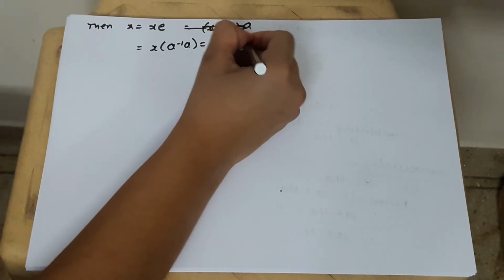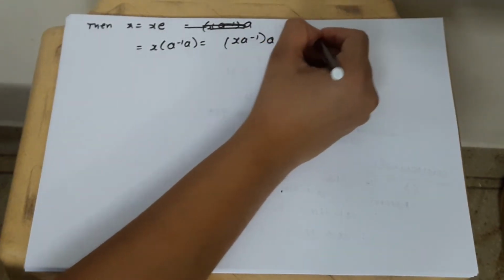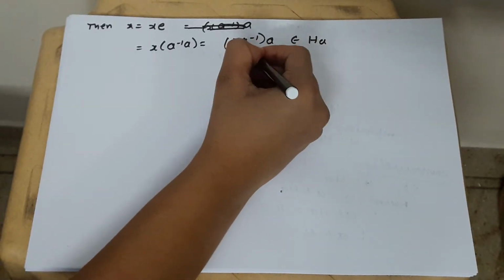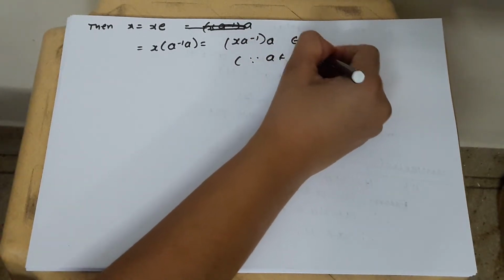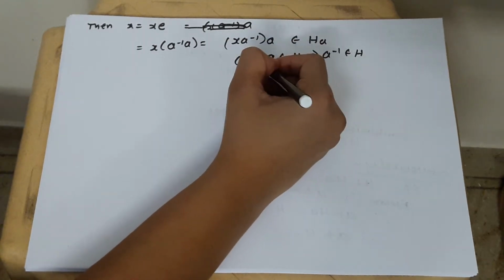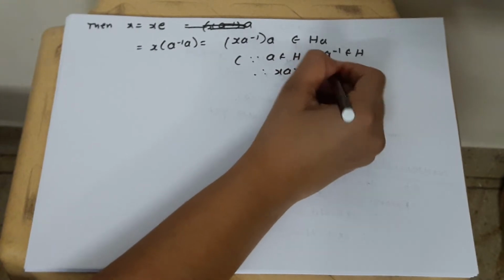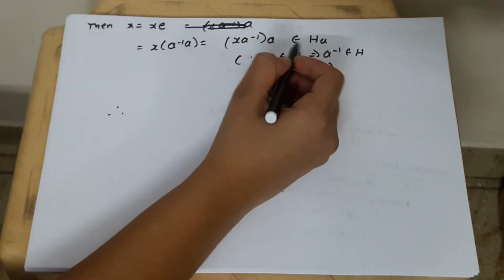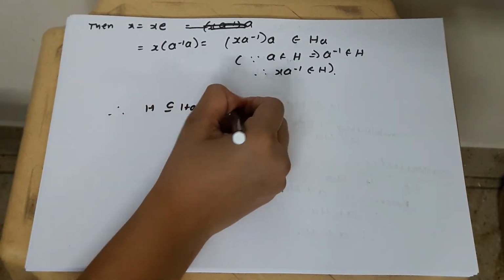So this will be x a inverse a. Now x a inverse belongs to H. This is because a belongs to H implies a inverse belongs to H. Also x was an element of H, therefore x a inverse belongs to H. Therefore x belongs to Ha, therefore H is contained in or equal to Ha.